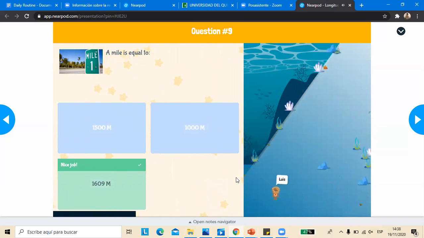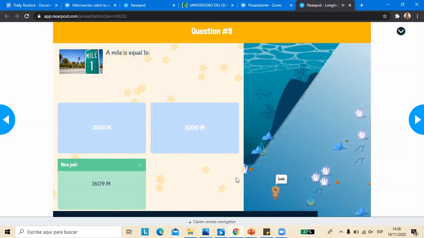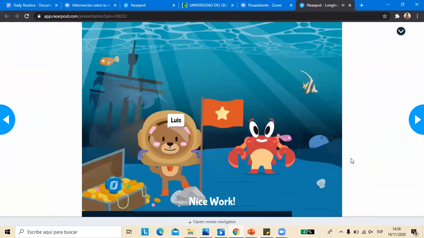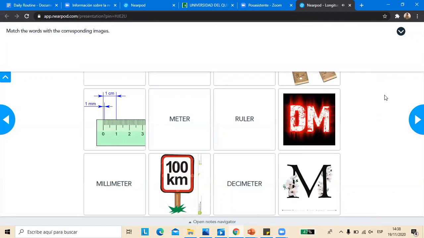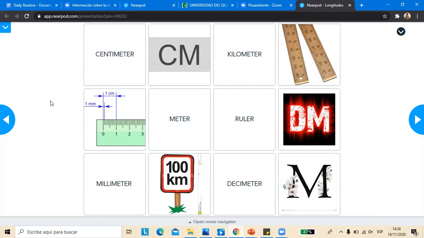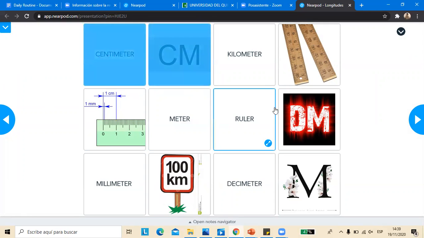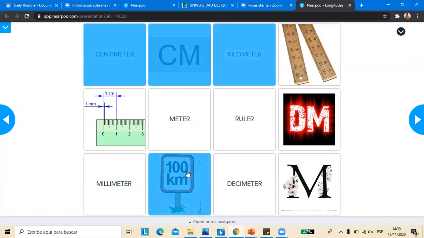Perfect. So now we are going to play another game. Here we have to match images with the word. So what about this one? It is centimeter. Yeah, perfect. What about this one? It's 100 km. Yes, perfect.